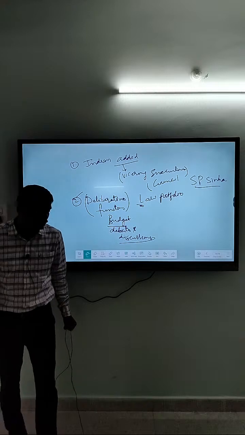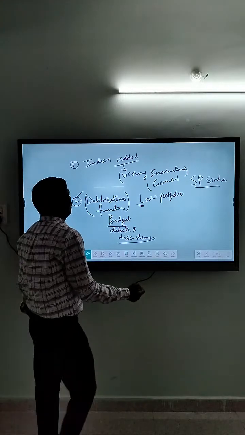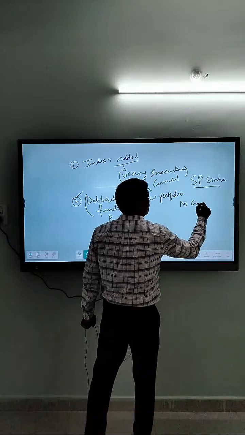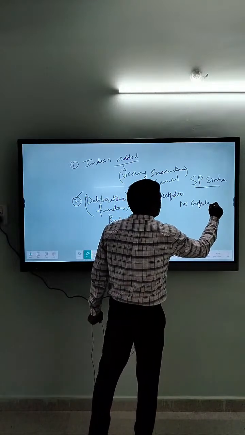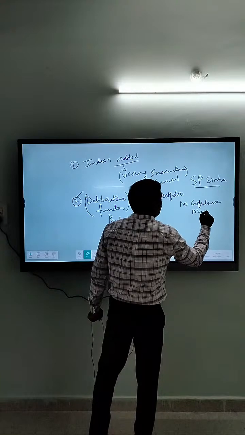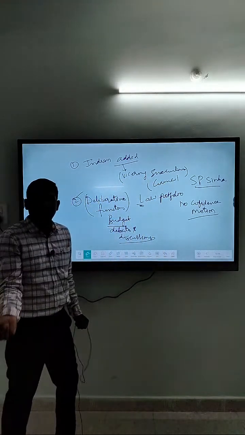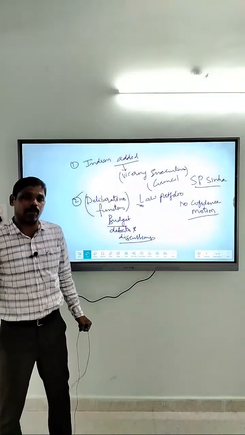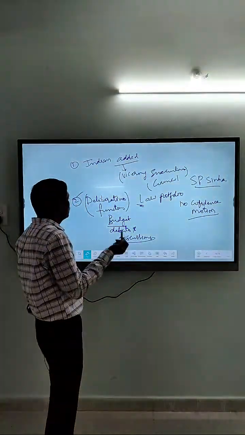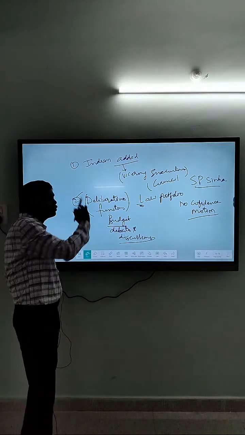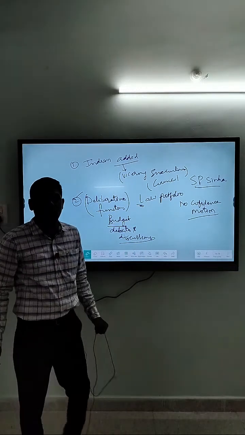That is, no confidence motions can be introduced in case budgets are not passed or important bills are not passed. Right. So this concept of voting and everything got started from the 1909 Act.